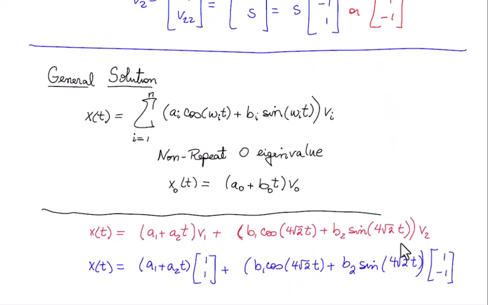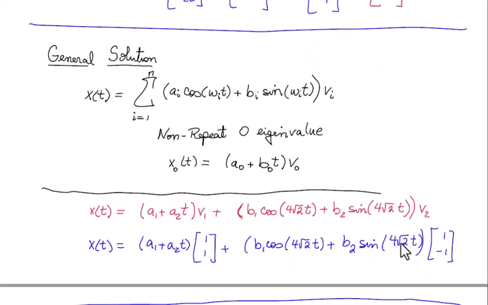So the general solution is going to be a sum where we plug in our omegas, the omega i's, and the eigenvectors. If we have a 0 eigenvalue, which we do in this case, we get the special case that looks like the following. So, what does ours look like?